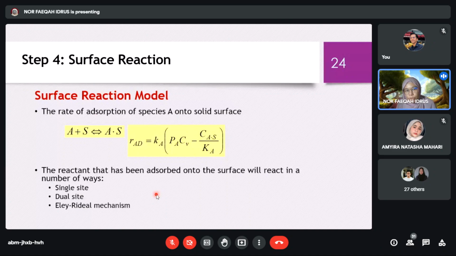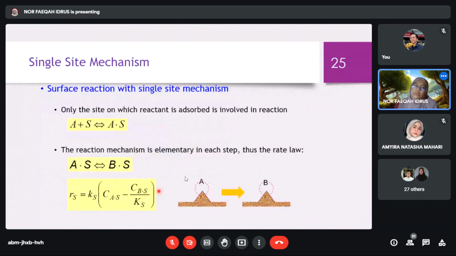Okay, how to determine whether it is a single site mechanism or dual site mechanism? Right. First, we look at the single site mechanism. Okay, if during the adsorption there is only one adsorbed species, only the site on which the reactant is adsorbed is involved in the reaction.